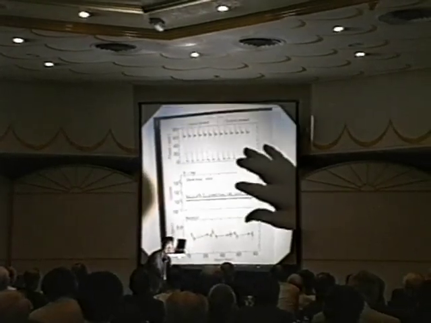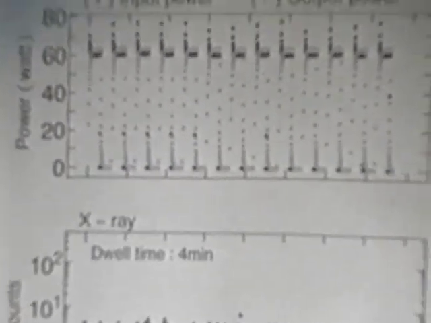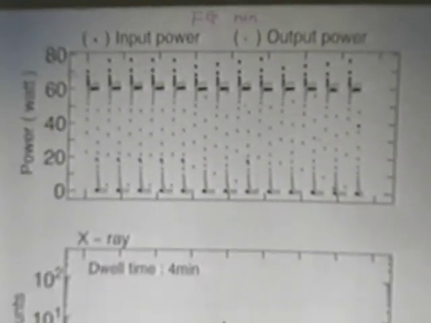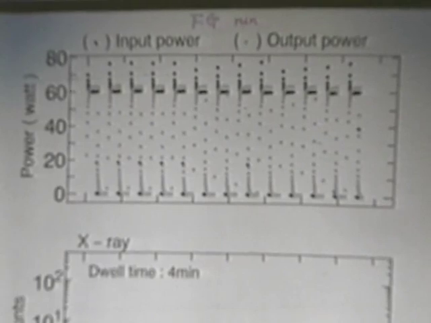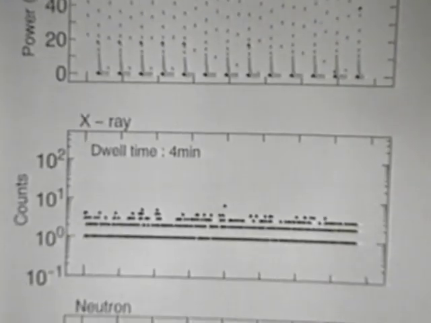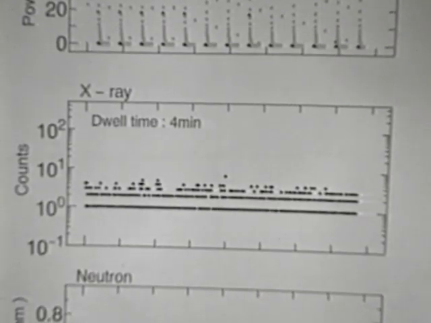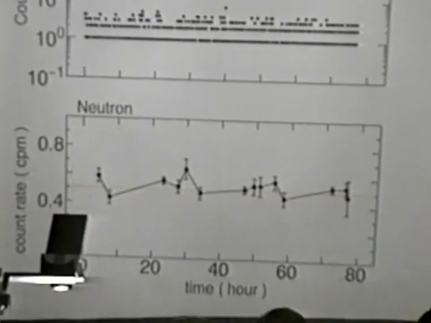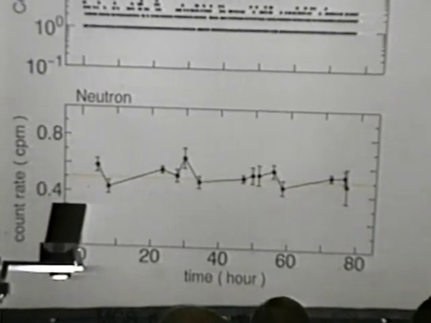In a later time period, we are seeing some excess power coming out like this. This is the output and the input. We are seeing a difference, not for X-ray, just background, and for neutron, in the background. So no X-ray and no neutron, but we are seeing excess here for power, excess power generation.